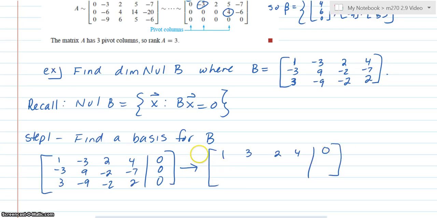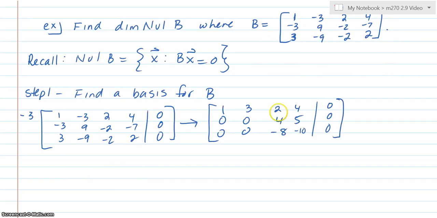The first pivot is 1, and I'm going to get a 0 underneath it by multiplying the first row by 3 and adding it to the second row. Now I'm going to take -3 times the first row and add it to the third row. Finally, I have a new pivot, and I'm going to get a 0 under that pivot by multiplying the second row by 2 and adding it to the third row.